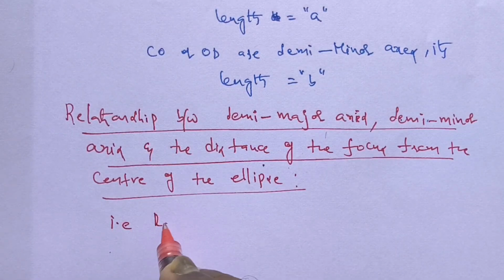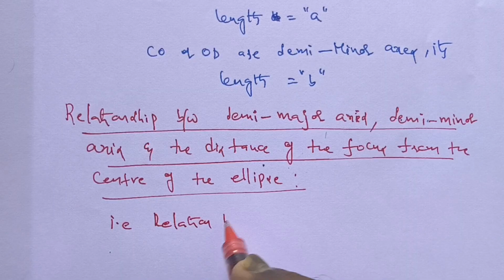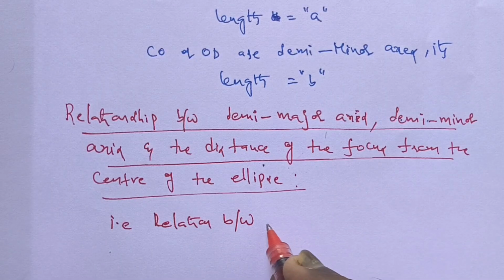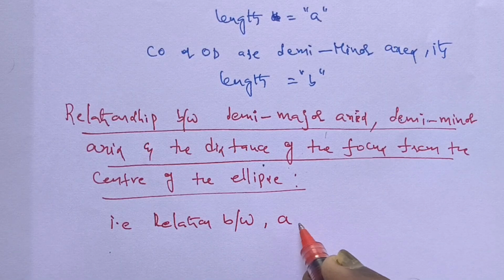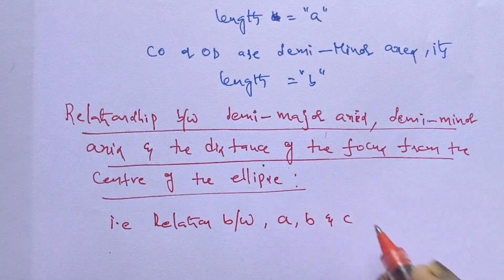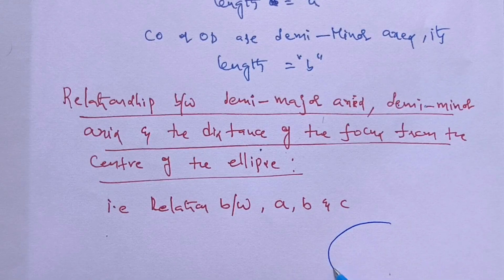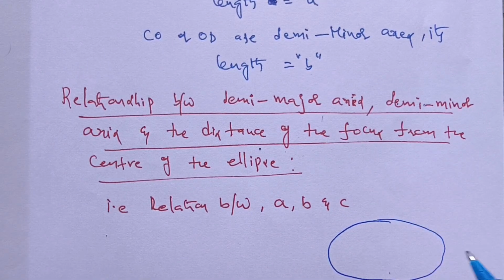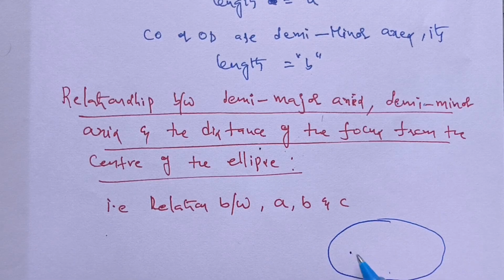So from this we conclude that this is the relation between a, b and c. Okay, now we are going to construct a relation between a, b and c.